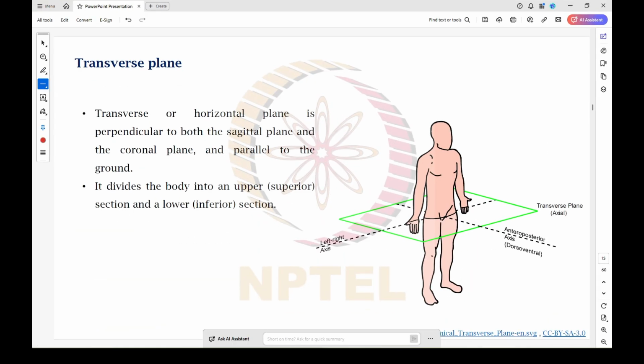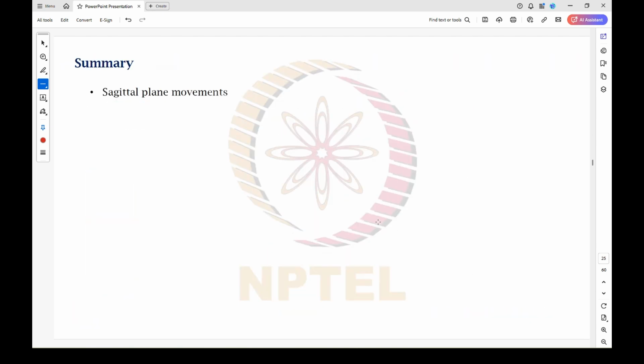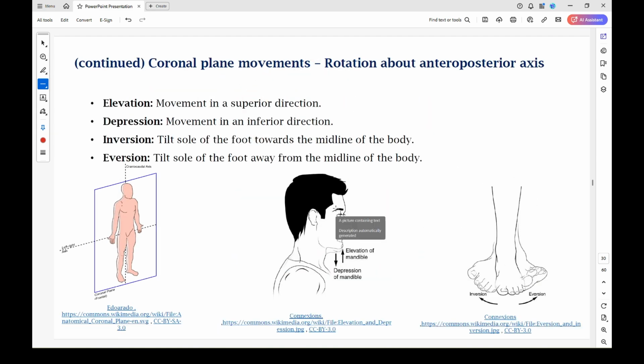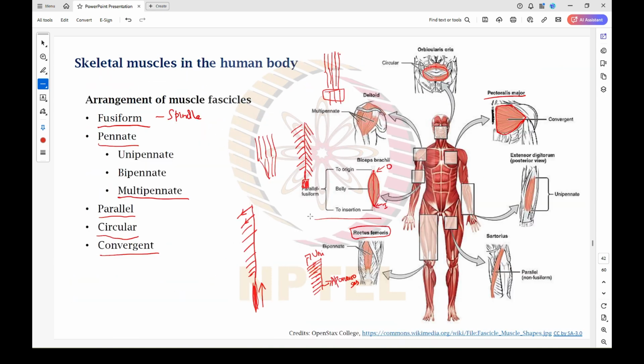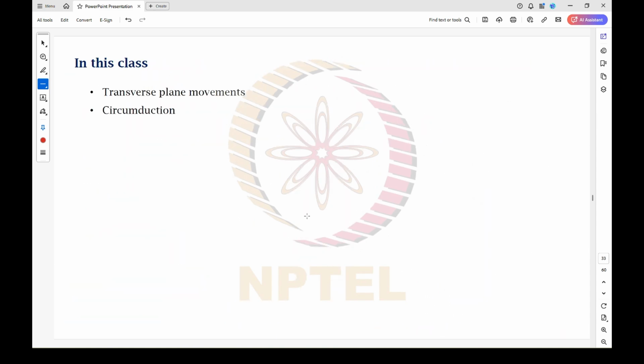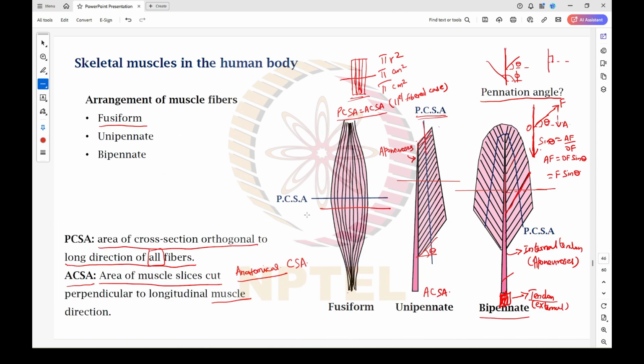Okay, one more thing, since I forgot to mention this: whenever you are talking about pennation angles in pennate muscles, depending on whether it's unipennate, bipennate or multipennate, there can be different pennation angles.